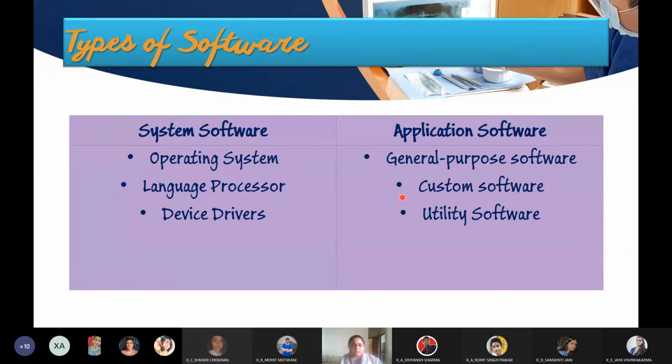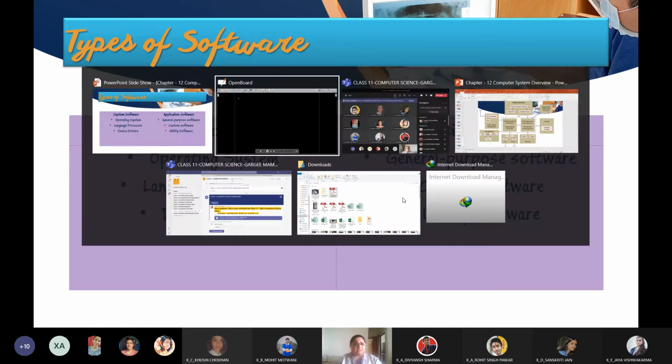So many different things. So this is what customized software is, created keeping in mind the requirements of a certain organization.